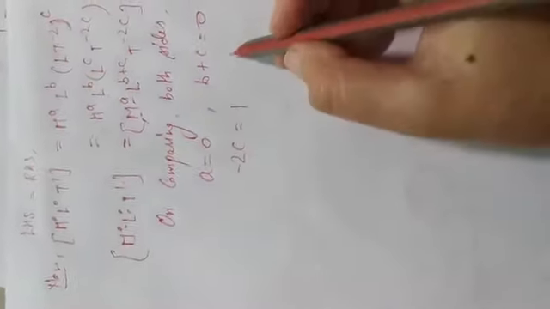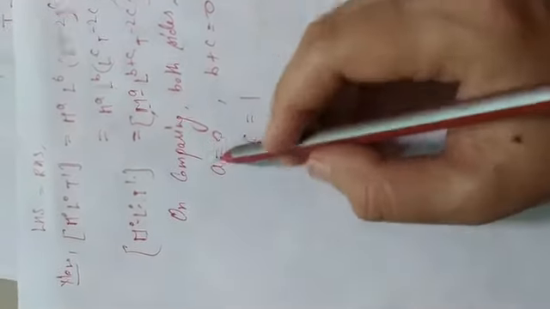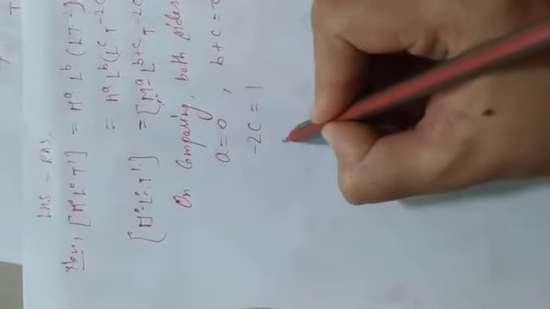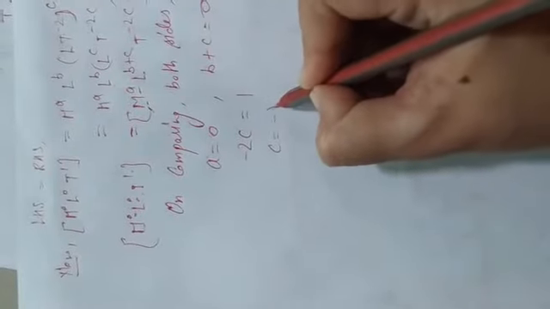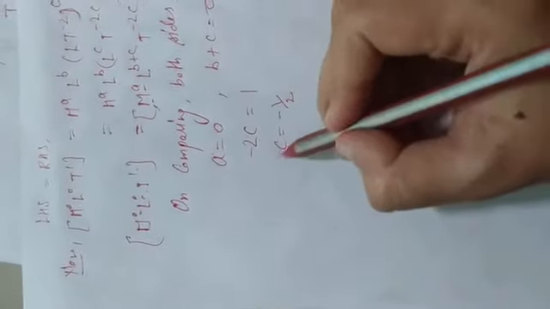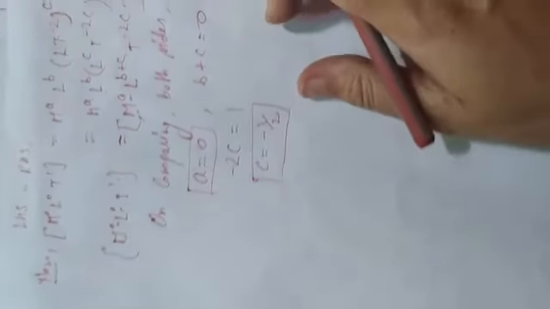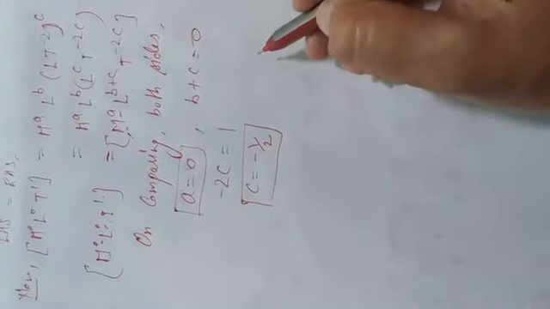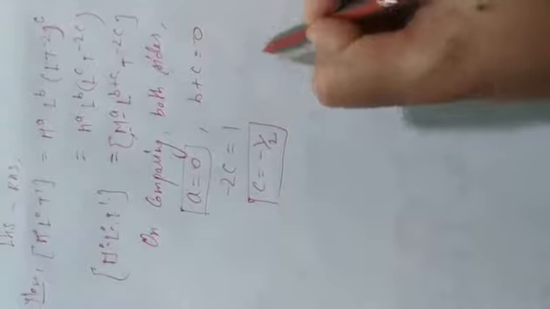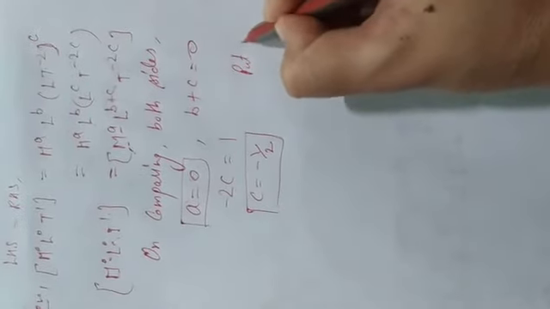Understood up to here? After comparison we will write this one. Now find the value of a, b, c. Now a is 0, and from this relation for c we can write c equal to 1 by 2. Now from this relation put the value of c.